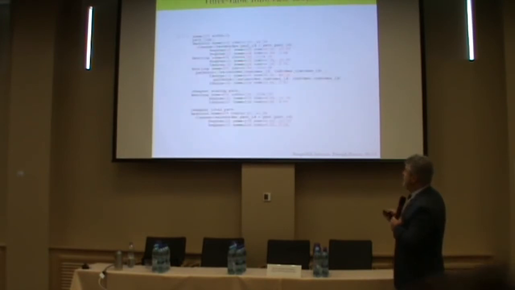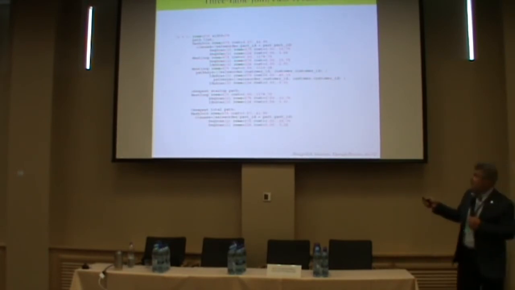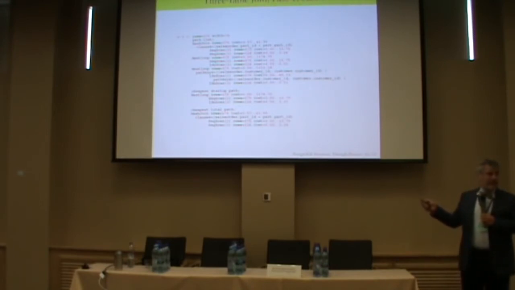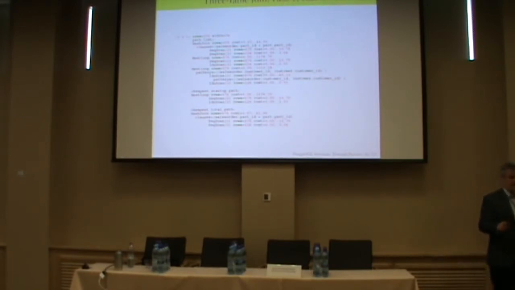Okay. What's interesting about this one is it actually returns the results in order. This one does not return results in order. The second one does not return results in order. The third one does return results in order. Why is that important? I might need to do a merge join at a later stage.